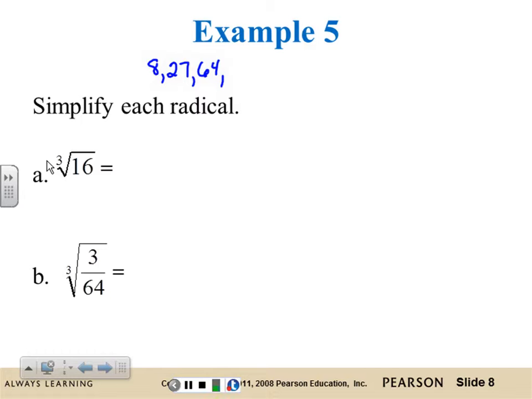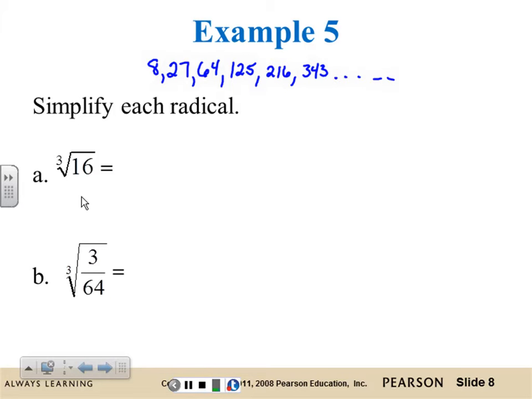And then 5 times 5 times 5 is 125. And then 6 times 6 times 6, I need the calculator on that one because I don't know what it is. 6 times 6 times 6 is going to be 216. And 7 times 7 times 7 is going to be 343. And so that goes on and on and on.